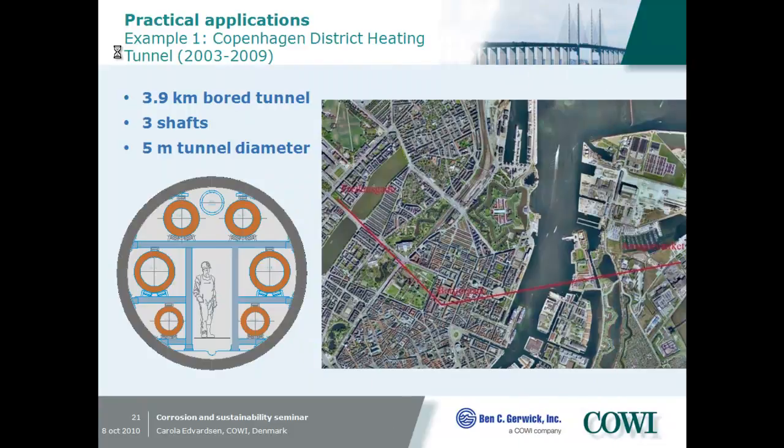This is a project where we use steel fibers. It's a heating tunnel in Copenhagen. It's a bored tunnel lining here, 4 kilometers long, and the diameter of the segmental lining is 5 meters. Here the alignment of the tunnel, interestingly, goes just underneath the palace of the Queen in Denmark.